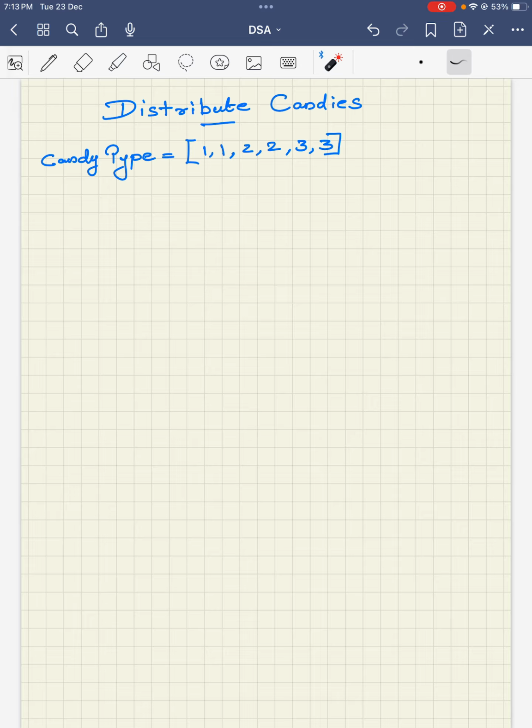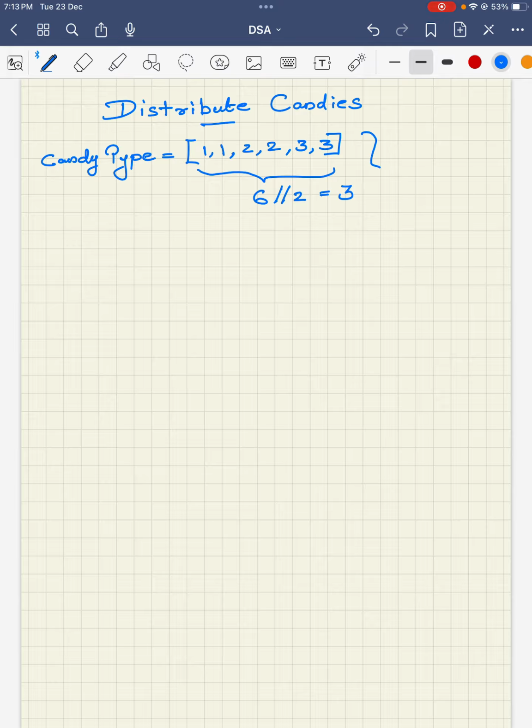I will try to explain this using this particular example. Here is the distribution of the candy type. How many candies are there? In this case, there are 6 candies. So based on the doctor's suggestion, 6 by 2 is 3. Maximum you can have 3 candies.